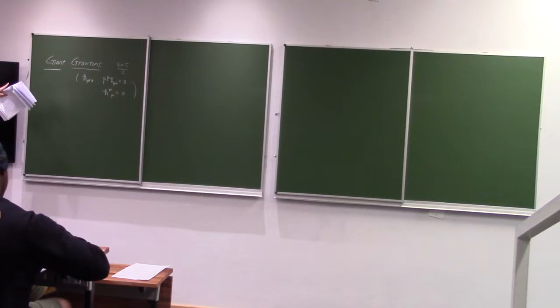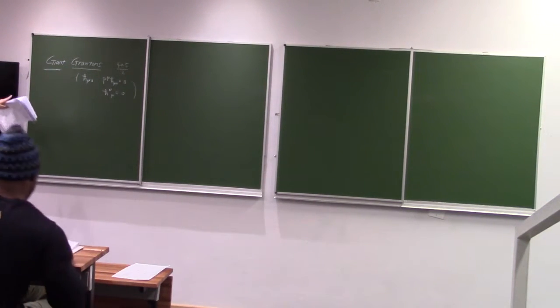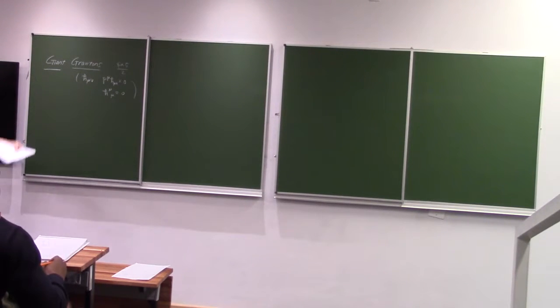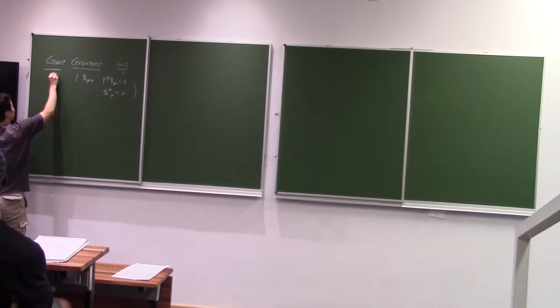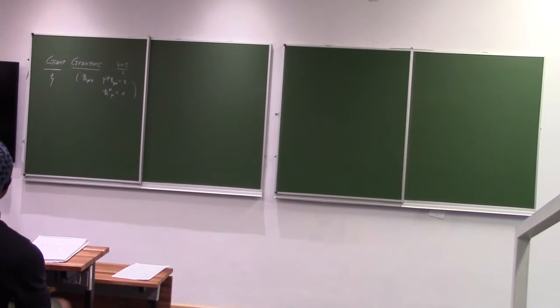This is the part I have to explain today, although it's still preliminary to giant gravitons. It's giant because it's big. It's a graviton, so as you will find, it's moving at the speed of light.